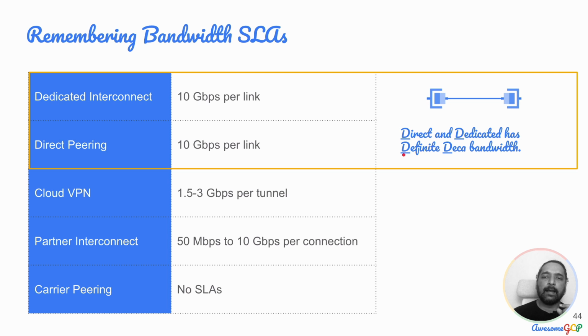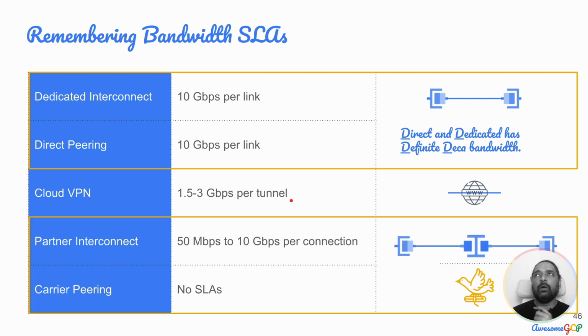So this is reliable, this is fast, and they all start with the letter D, so that might be easy to remember. Cloud VPN goes over the internet and gives you 1.5 to 3 Gbps. On the partner interconnect, because you're going over a partner, it depends on the partner. So it can go up to 10 Gbps per link per connection, and it might be as low as 50 Mbps also.